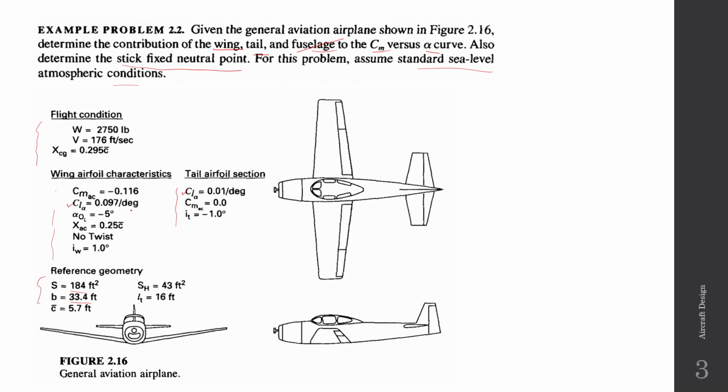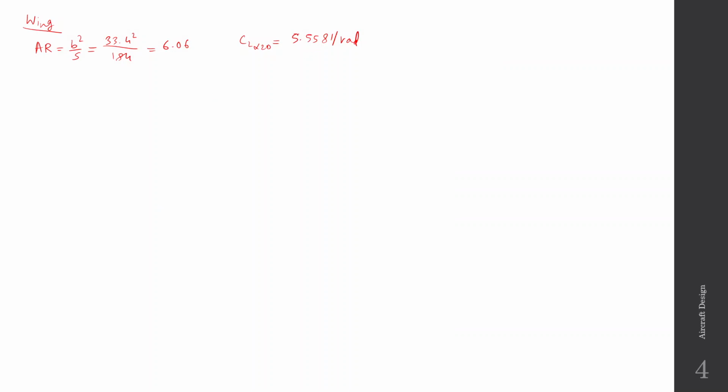This is given in degrees, so you have to convert it into radians, and for that you have to multiply by 57.3. So this comes out to 5.5581 per radian.